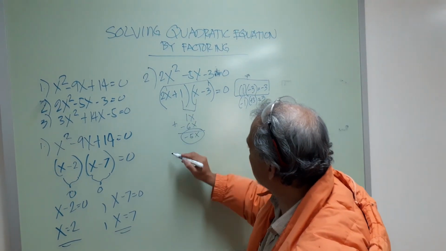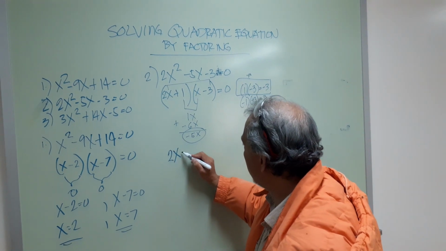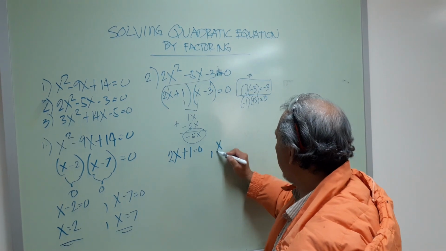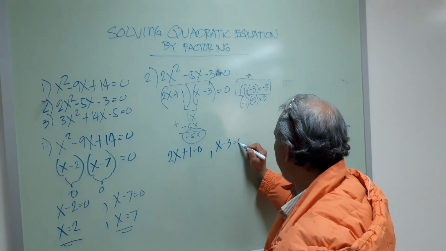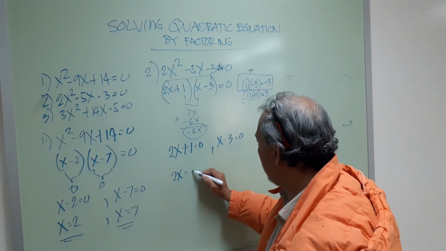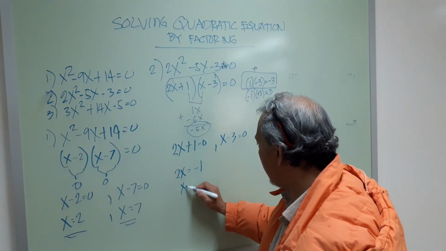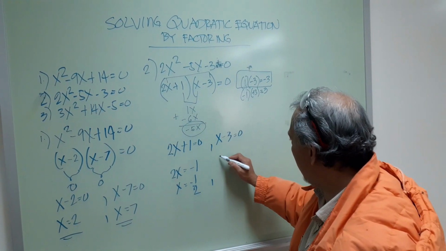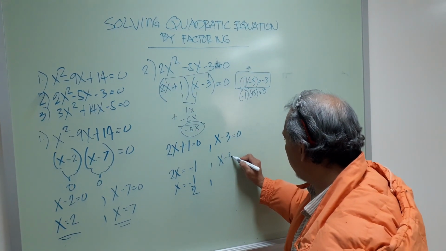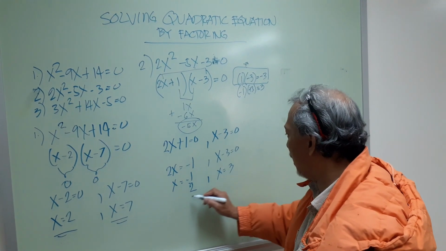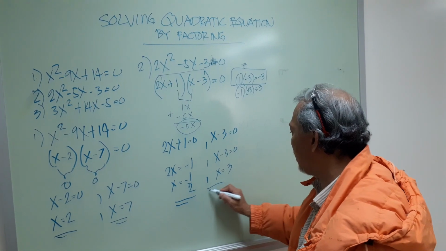So let's equate these two factors to 0. So 2x equals negative 1 and x is equal to negative 1 half. And x minus 3 equals 0 is x equals 3. These are the values of our x.